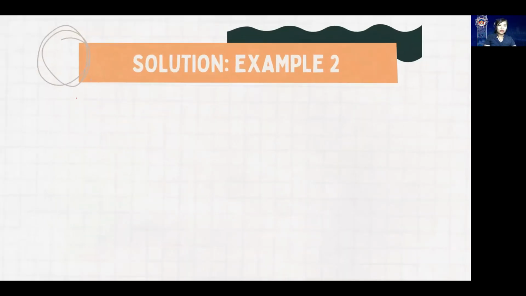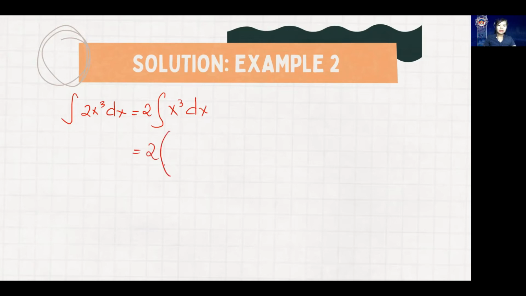Again, our given is the integral of 2x cubed dx. By applying the power rule, we can rewrite this into a constant multiple rule by having 2 integral of x cubed dx. Then applying the power rule, the formula is x raised to n plus 1 over n plus 1.